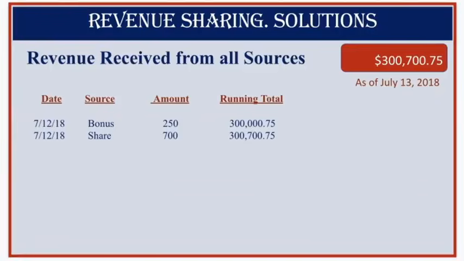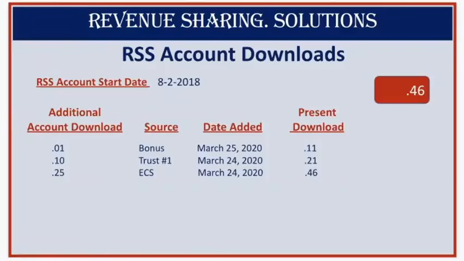Okay, the RSS account downloads. I'm hoping this is pretty much self-explanatory. You've got the bonus, which is apparently somebody signed up, so they've got an extra penny download, and it came from the bonus.